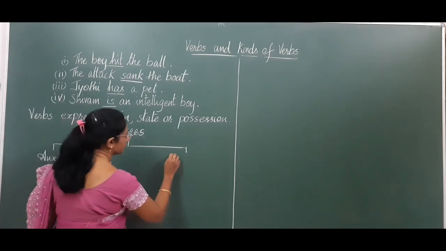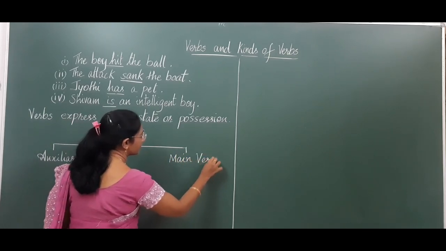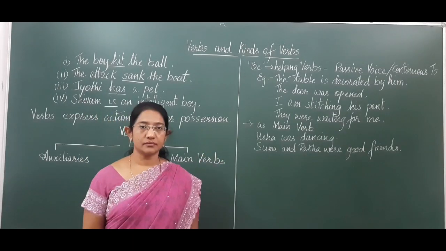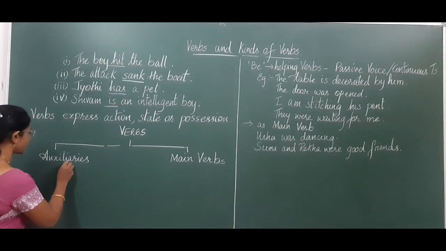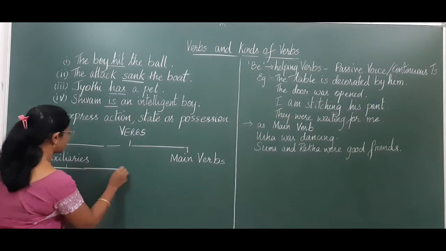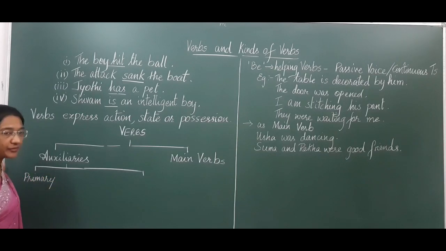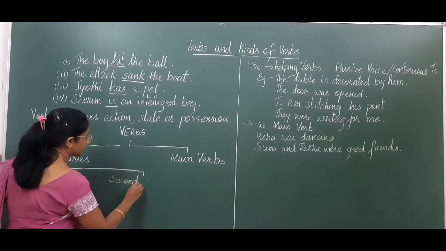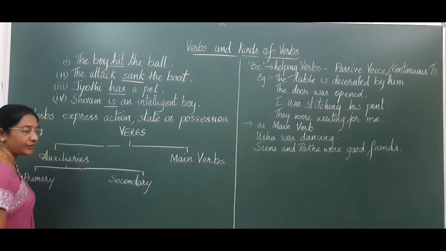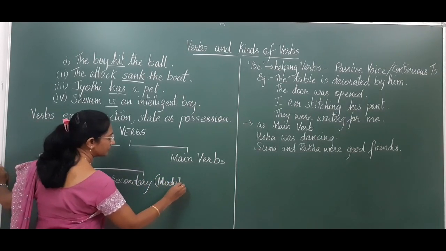auxiliaries and main verbs. Auxiliaries are of two types: primary auxiliaries and secondary auxiliaries, which are also called modals.